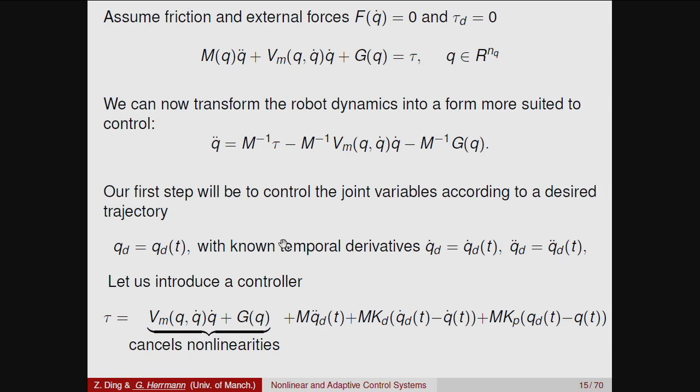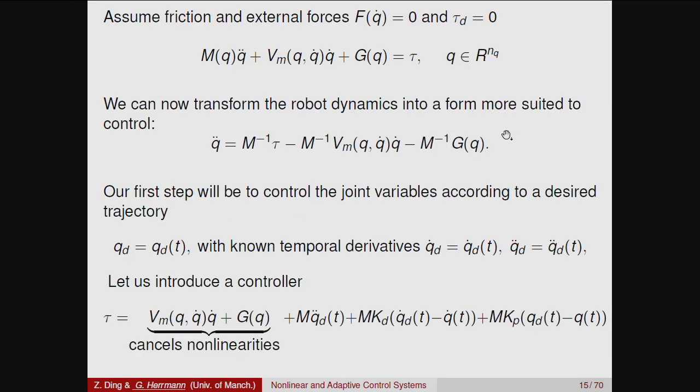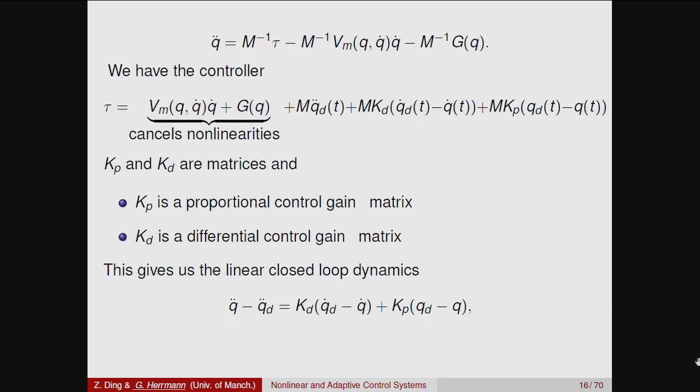As the next step, we're introducing KP and KD, and what we are getting is a linear closed loop behavior. This is possible because M is invertible, and that's quite a generic possibility if you have so-called rigid body robotic systems such as robotic arms.